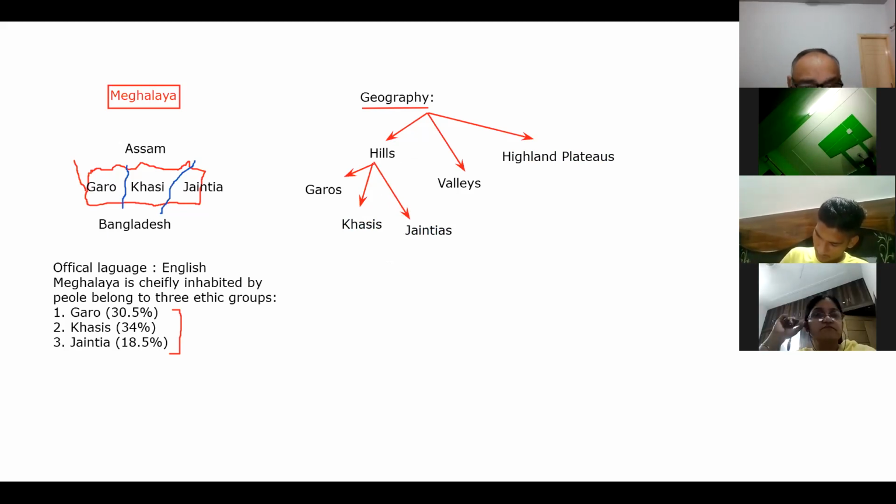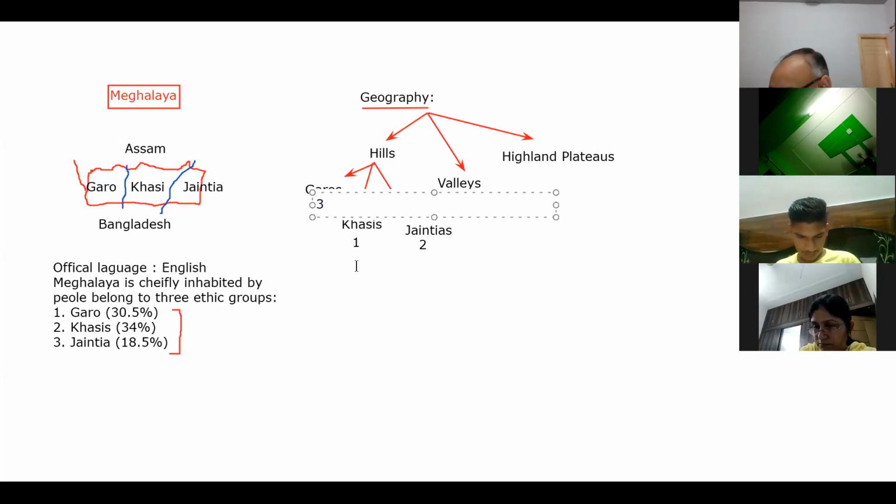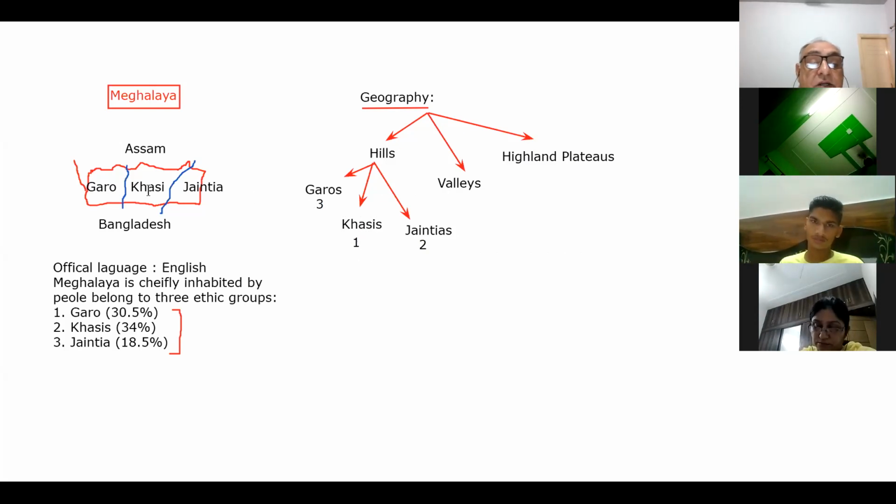Among these three hill regions, the Khasi Hill region is the highest, the Jaintia is the second highest, and the Garo is the third highest, meaning the lowest of the three. So the height of the middle part of Meghalaya is the highest, the eastern part is second highest, and the western part, Garo, is the lowest.